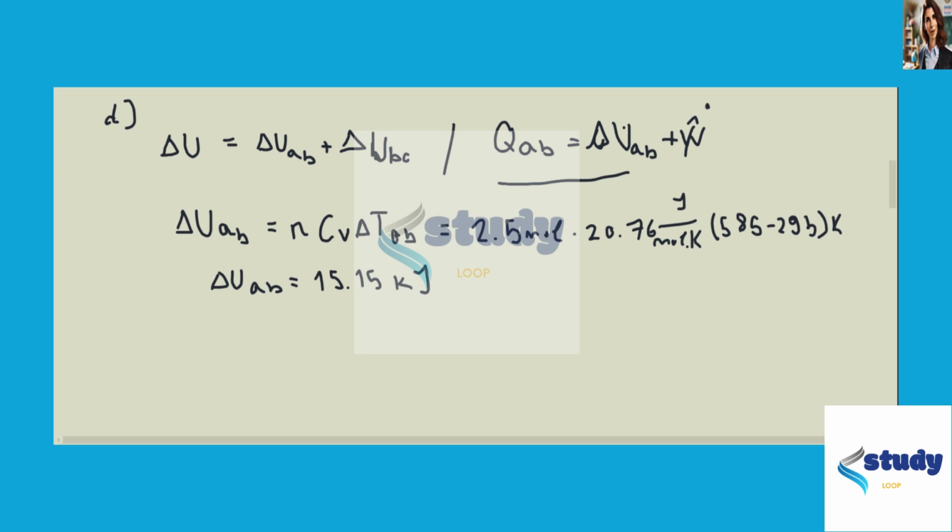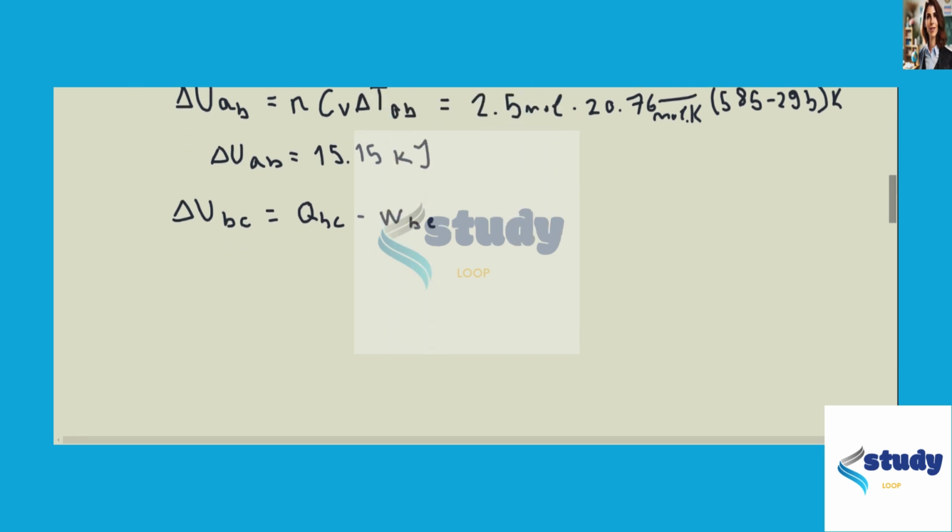For the part between B and C, also from the first law of thermodynamics, we can say that delta U BC equals Q BC minus work done between BC. Here we should substitute the corresponding formulas that go as follows: Cp, since the pressure is constant, times the change in temperature BC, minus N R delta T BC.